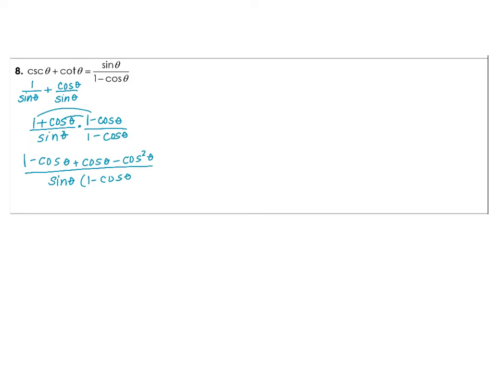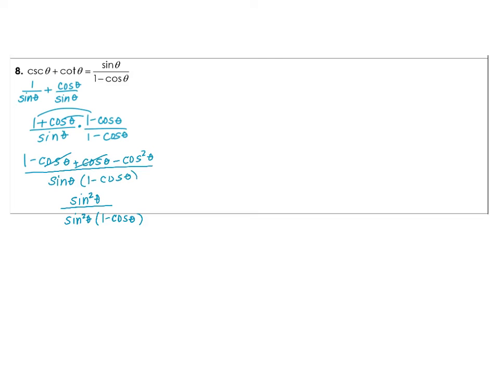Very rarely is that ever necessary. In the numerator, notice the cosines do cancel. And then we're given 1 minus cosine squared, which, again, that's an identity. That is sine squared. And then all of that is over sine squared theta times 1 minus cosine theta.